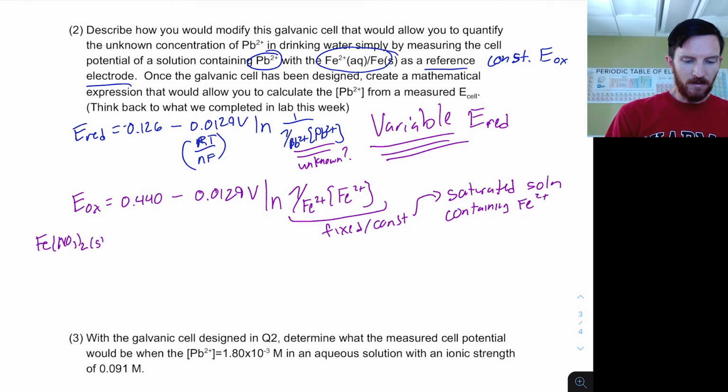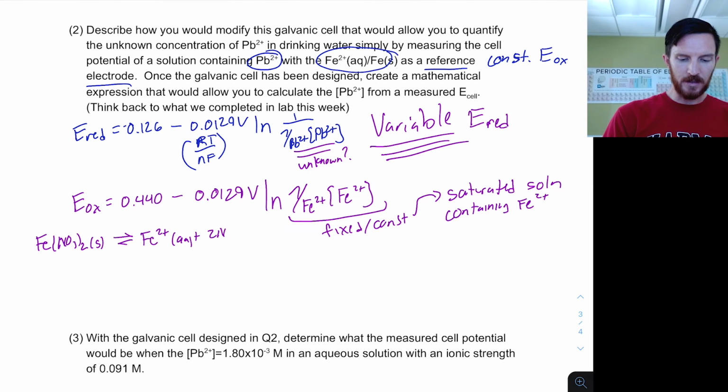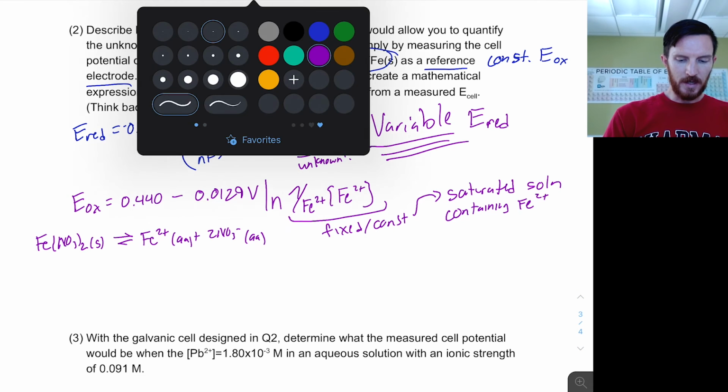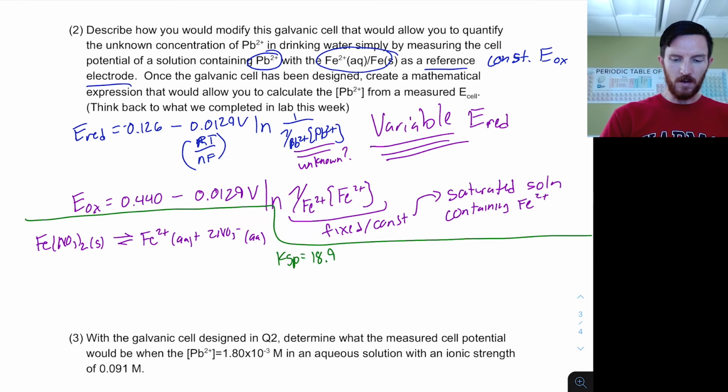So if we have our iron nitrate here, it's going to undergo this equilibrium KSP reaction, giving iron 2+ and 2 nitrate ions. And now we know our KSP is 18.9 for this specific solid.